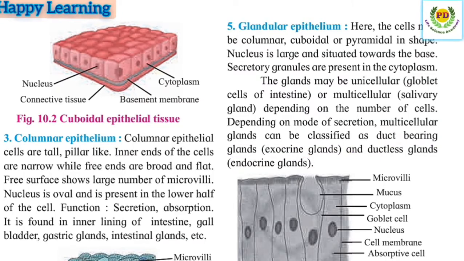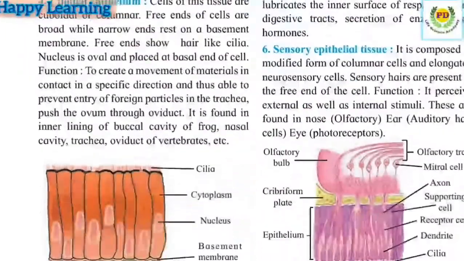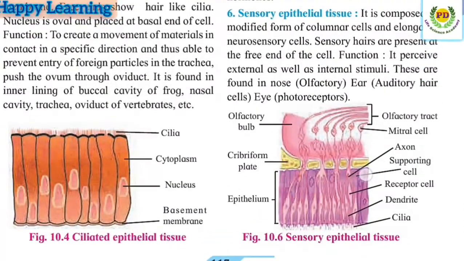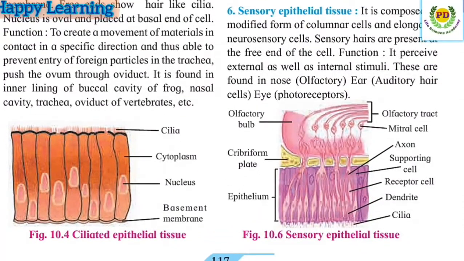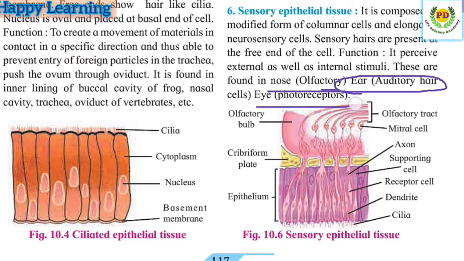Next, the last one is the sensory epithelial tissues, which sense or get stimulated by any action. These are present in the nose as olfactory, in the ear in the form of auditory, and in the eyes in the form of photoreceptors.